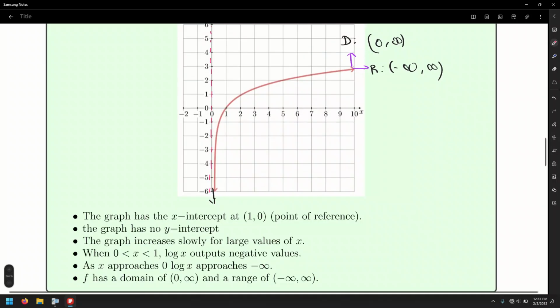Notice how the exponential function has a domain that is all real numbers and a limited range, as opposed to the logarithmic function, which has a limited domain, but the range is all real numbers. Kind of opposed ideas, isn't it? That's because these two functions are inverses of one another. While the exponential function has a y-intercept and no x-intercept, the logarithmic function has an x-intercept but no y-intercept.